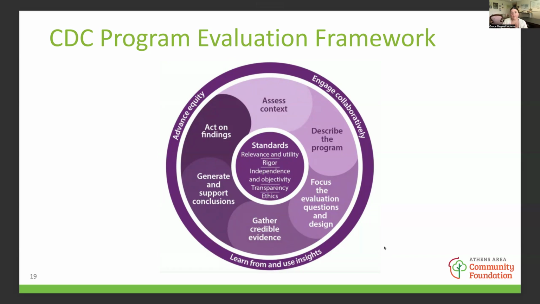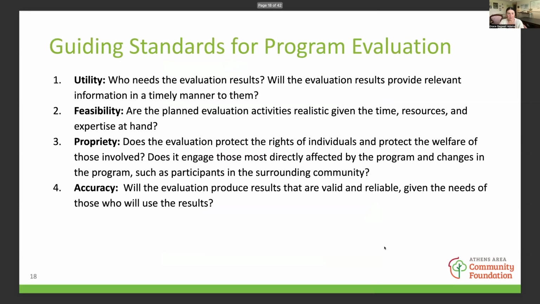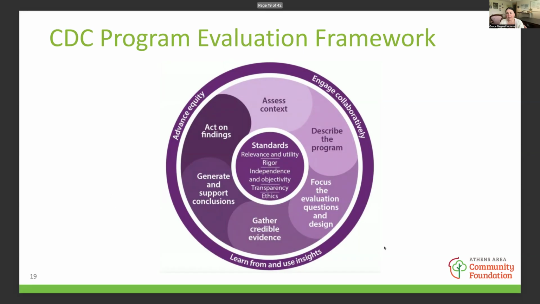If you look on the outside of this circle, you see there are some values here that really encapsulate, I think, one of the last concepts we discussed, propriety, right? So let's ask ourselves the question, are we engaging collaboratively? If you look here on the top right-hand side of the circle, if you go to the left side, does this evaluation advance equity?